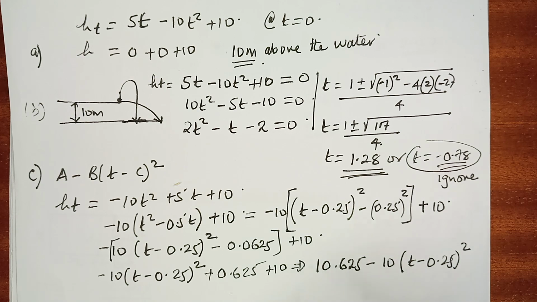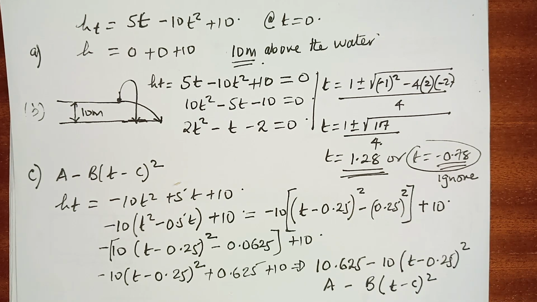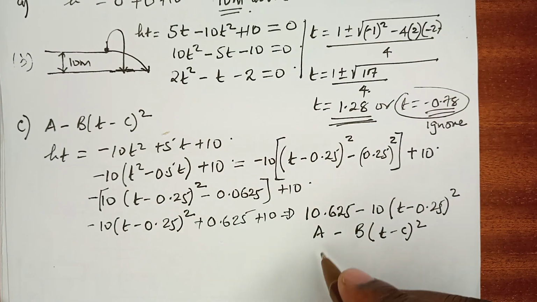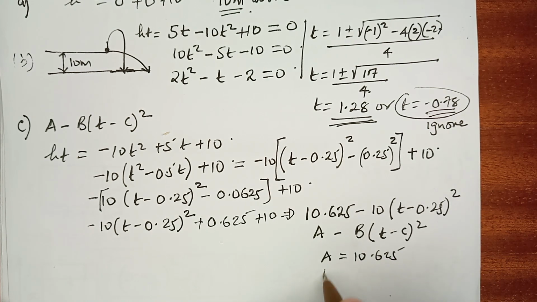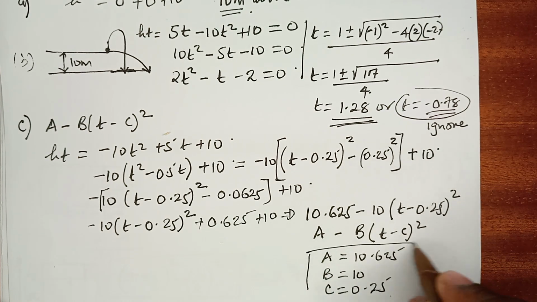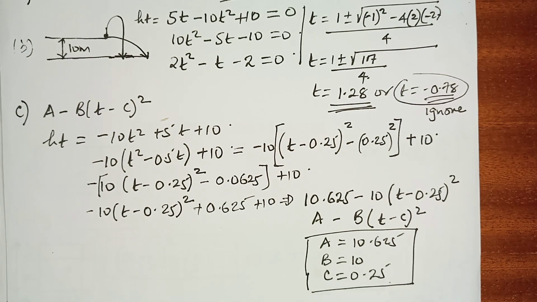This is already in the form of a minus b(t minus c) squared, where you can see a is 10.625, b is 10, and c is 0.25. We have arrived at that particular solution, and there we go.